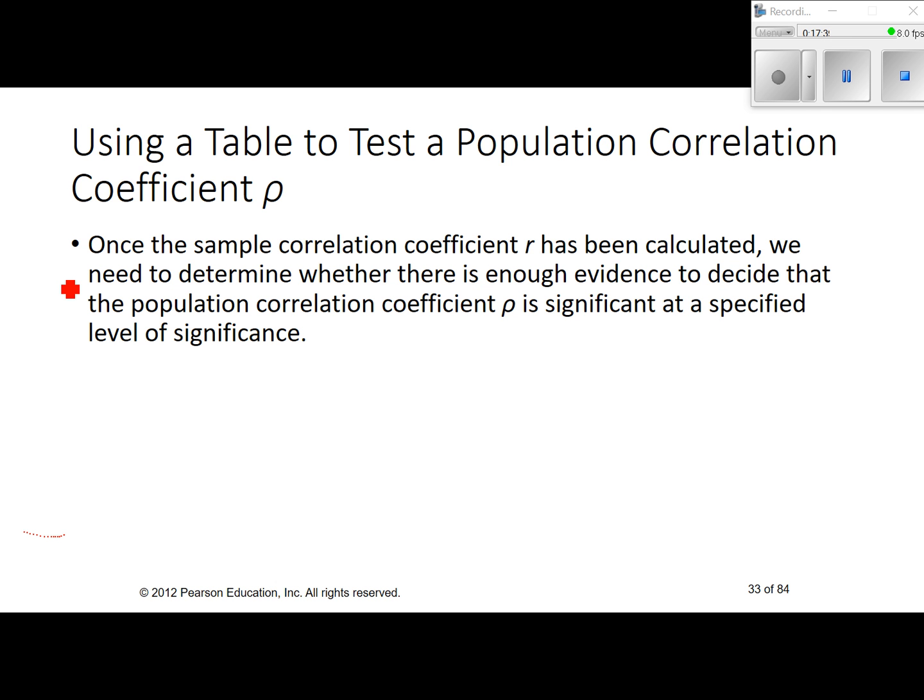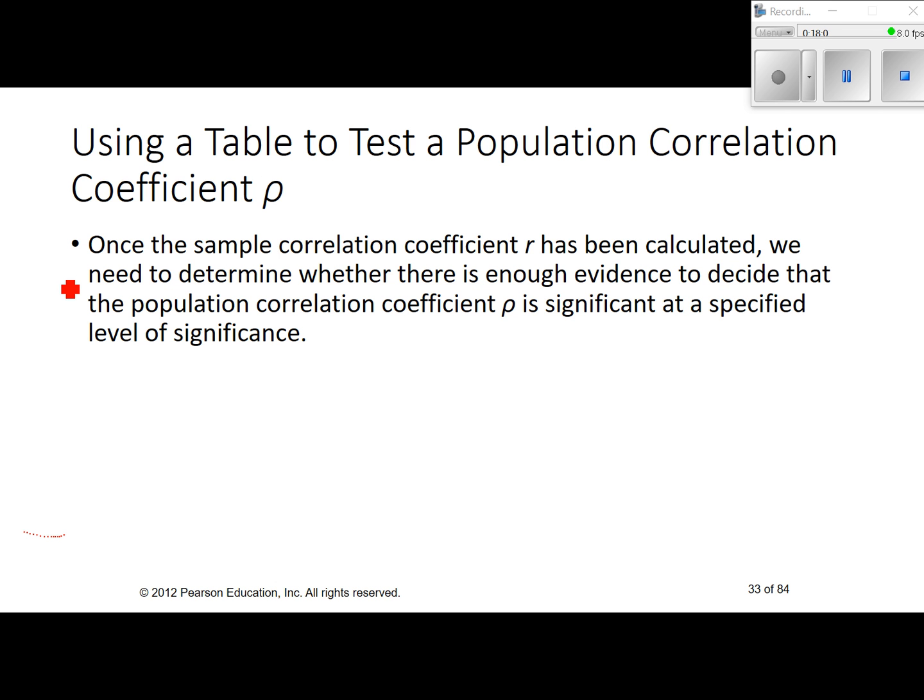So in other words, whether the x's and the y's in our sample would actually translate to the whole population, and whether the correlation actually matters.